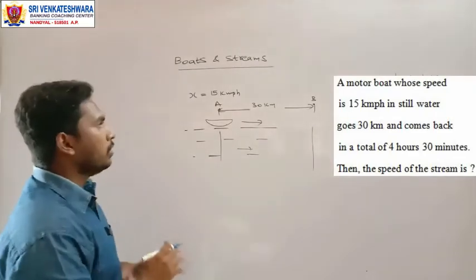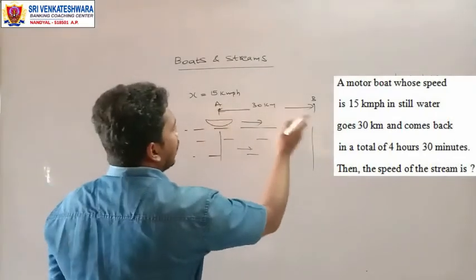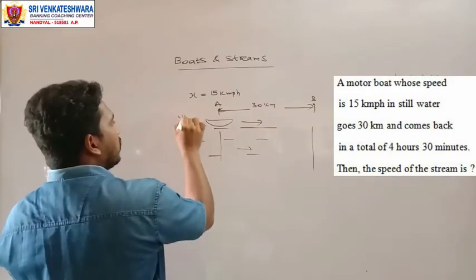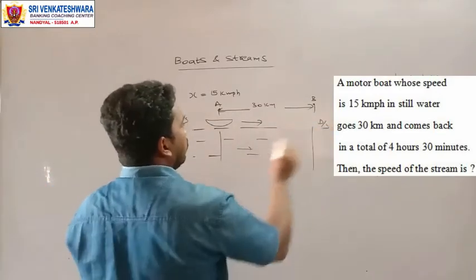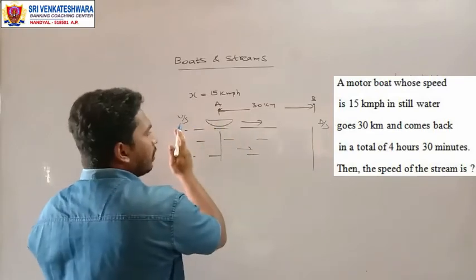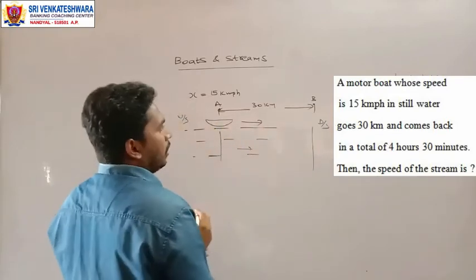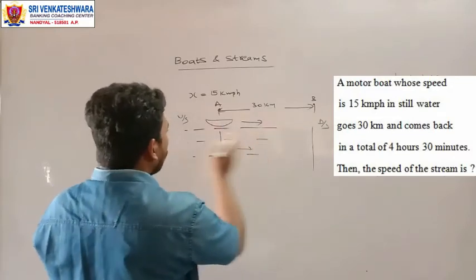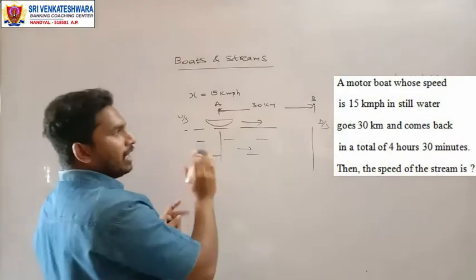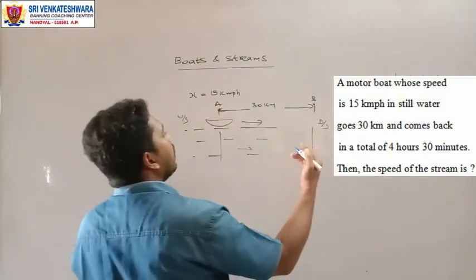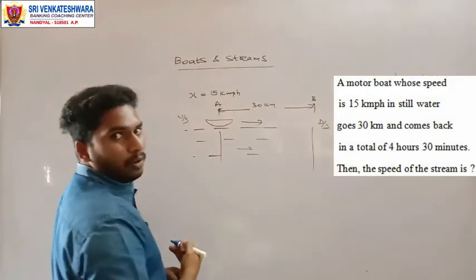So the thing is he moves 30 kilometers and comes back. Suppose this is upstream and this is downstream. While going he is moving from upstream towards downstream, and while coming he will come towards upstream. So in one case he will go with the flow, and in the other case he goes against the flow.